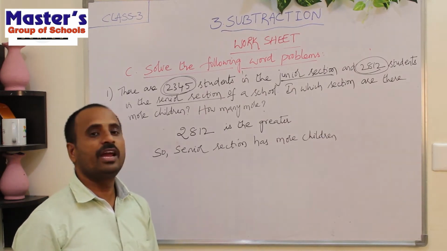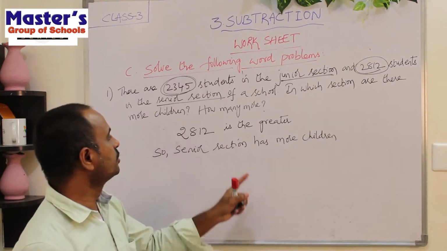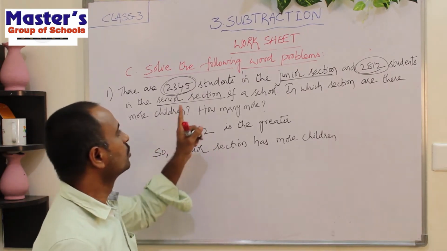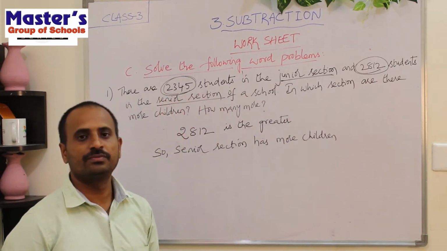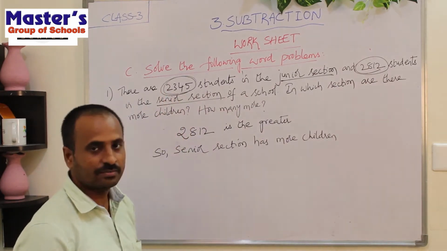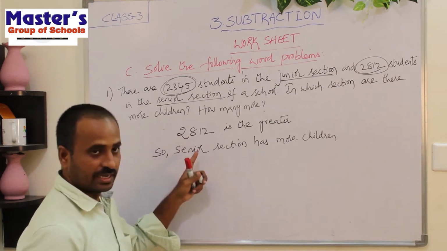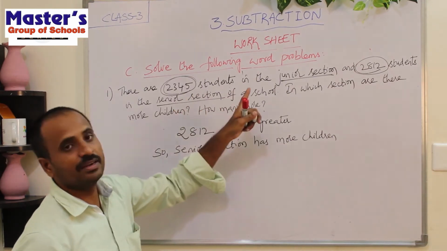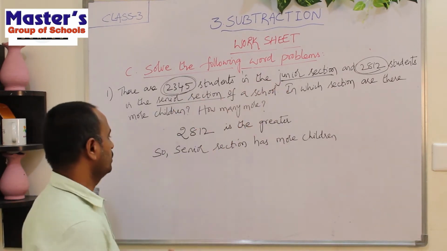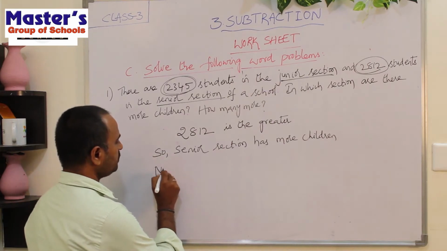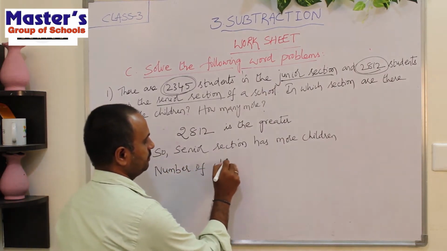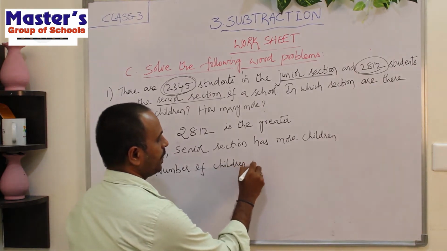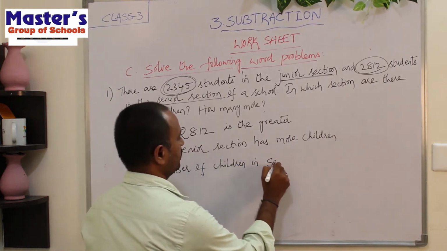So here we have to subtract these two numbers, that is 2,812 and 2,345. Subtract the children in the junior section from the children in the senior section.